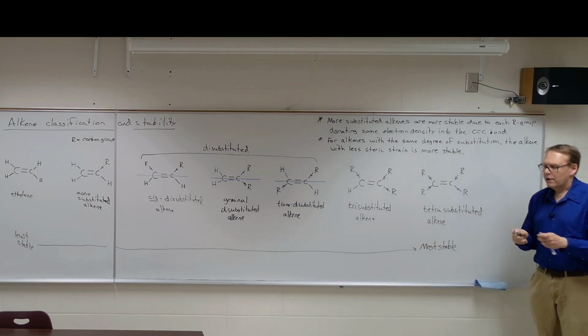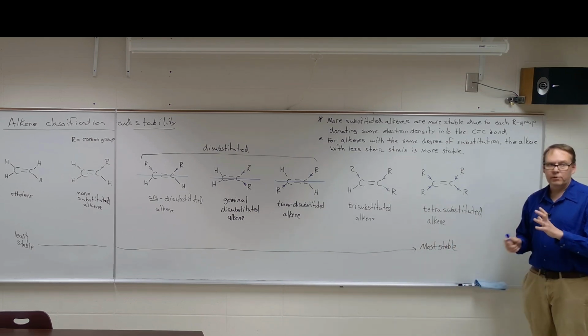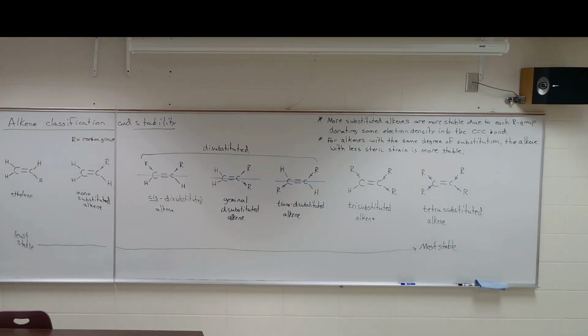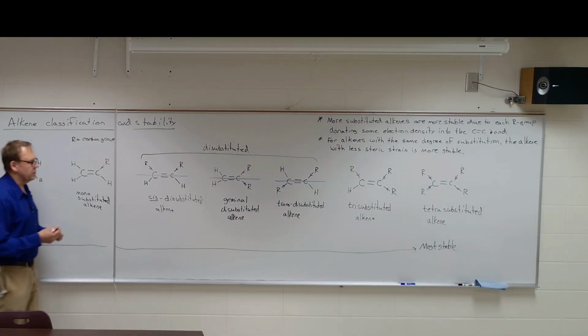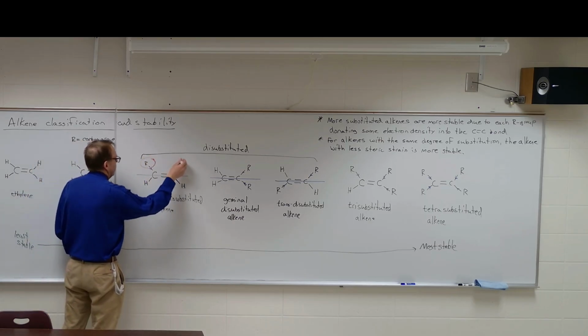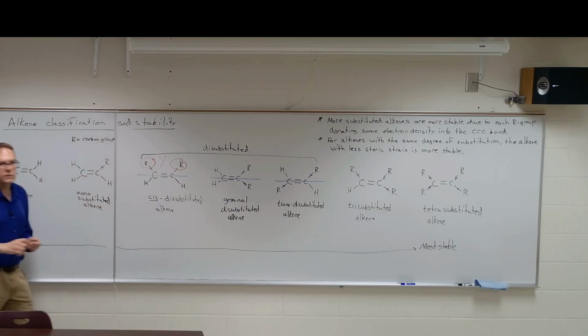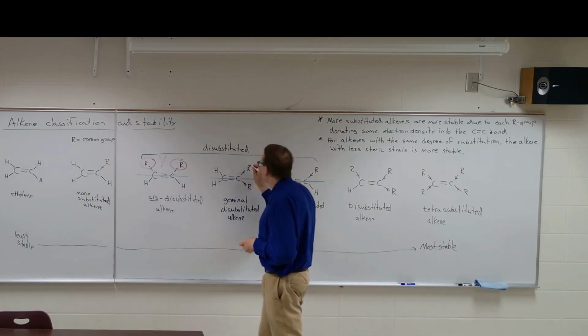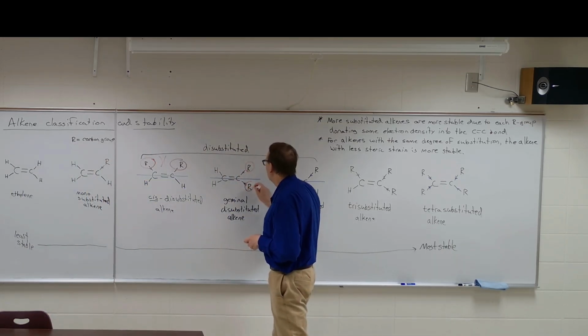And I have these disubstituted alkenes as a good example of how to interpret this. So if you think about these R groups as being big, so they're larger than hydrogen, in the cis, they're close to each other and they're getting in each other's way. So that's steric strain, pretty big, maximal steric strain. When you put them on the same carbon, there's steric strain, but it's not quite as bad.